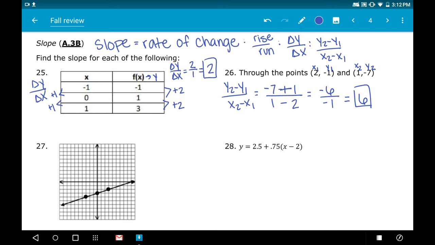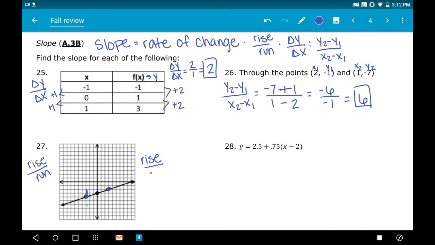Now we have a graph. So this one would be rise over run. And you can just pick any 2 points. So I'm going to pick this one right here and this one right here. If you pick this middle point, you get the same answer. So rise means I either go up or down. So I'll start here, and notice to get to the next point, I go up 1, 2.